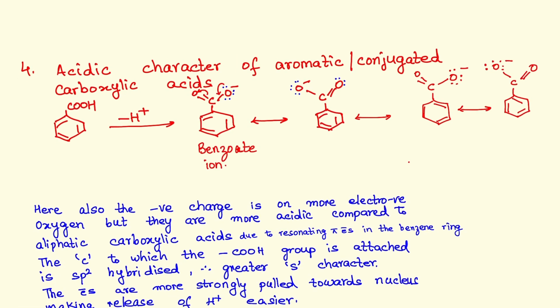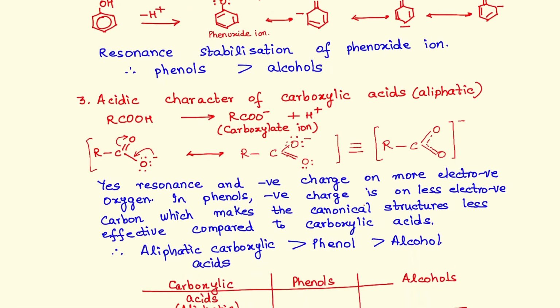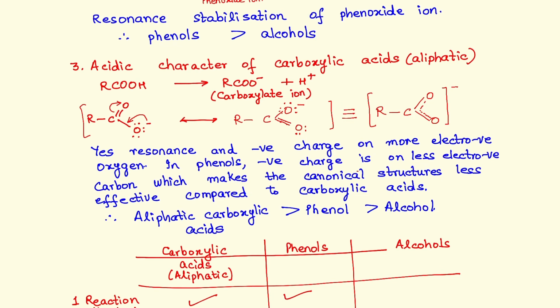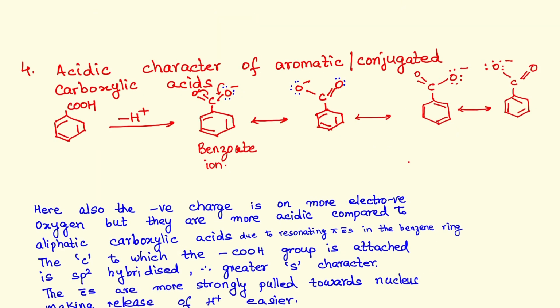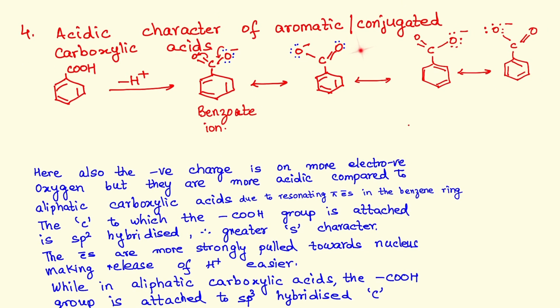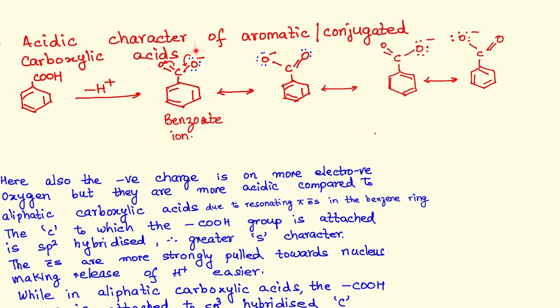So, what happens when you compare the acidic character of aliphatic carboxylic acids, where you have two resonance structures, and you compare it to the acidic character of aromatic carboxylic acids, wherein yes, there is resonance within the COO negative group, but at the same time there is resonance in the benzene ring due to the pi electron cloud.